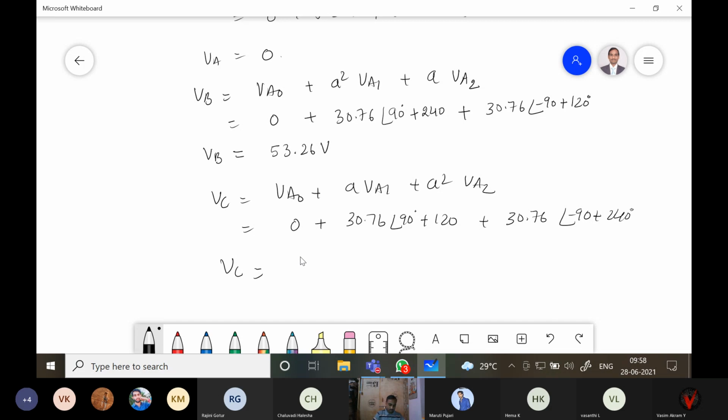How much is it? Almost we will get the same value, 53.26 volt. So in this case VB and VC must be equal, but this is opposite, minus 53.26 we got.